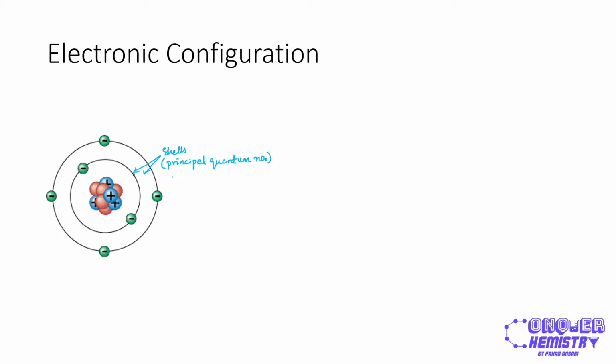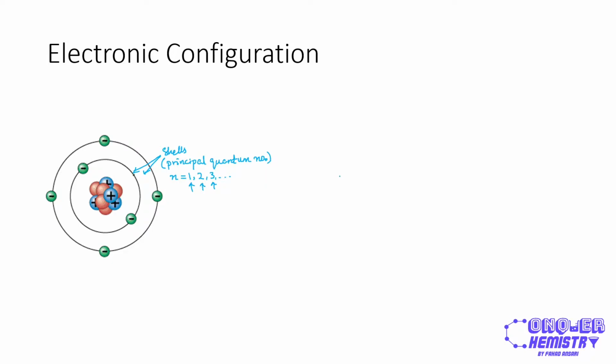So this principal quantum number or shell number is denoted by n. So n can have any value from 1 to 2 to 3 and onwards. And 1 represents the shell that is closest to the nucleus, followed by shell number 2 and then shell number 3 and so on and so forth.